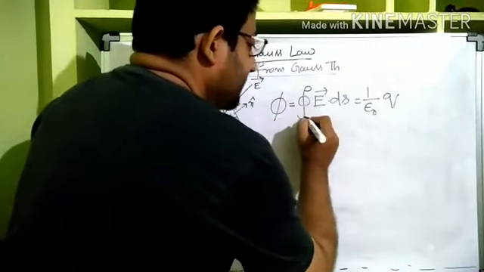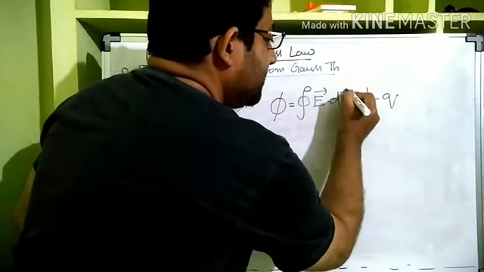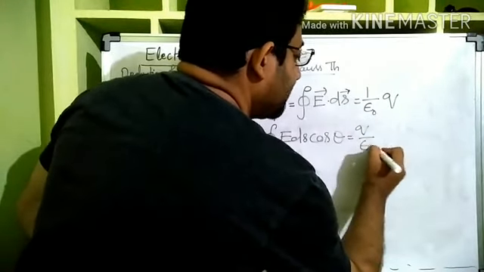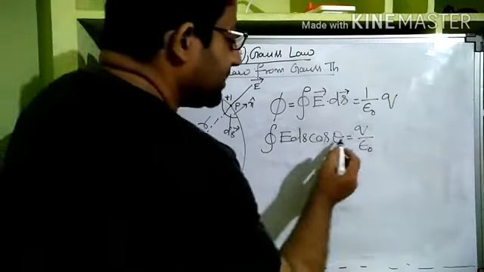Now, from this, what we can conclude, E dot ds, I'm sorry, this is a vector, right? E dot ds, so closed integral of E ds cos theta is equal to q by epsilon naught. Yes or no? Now, what is theta?